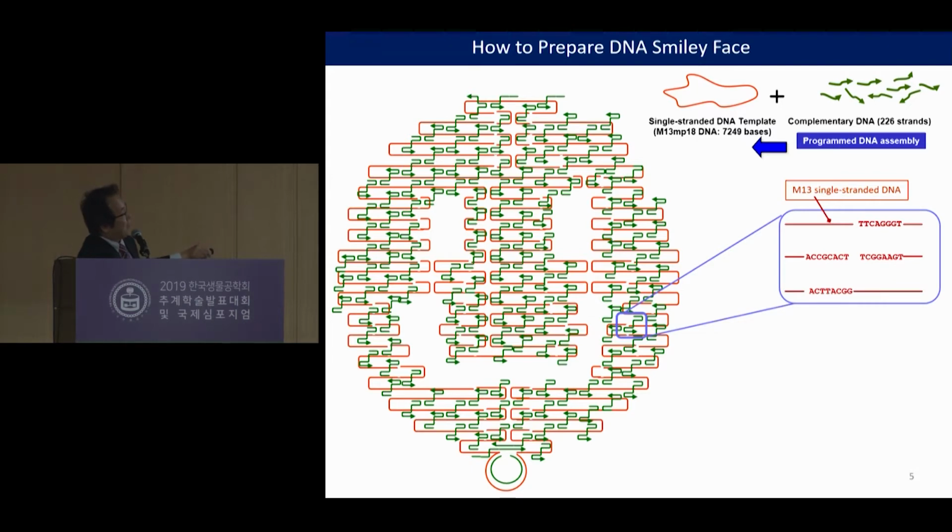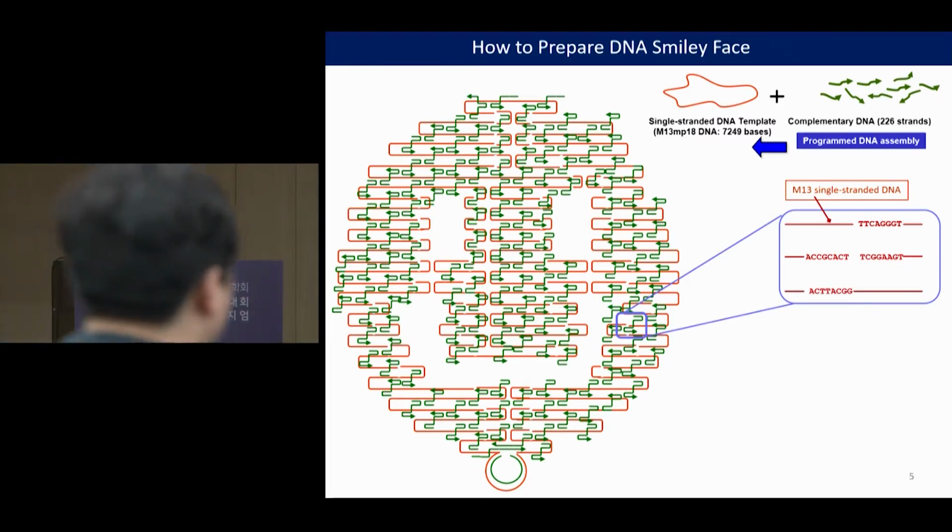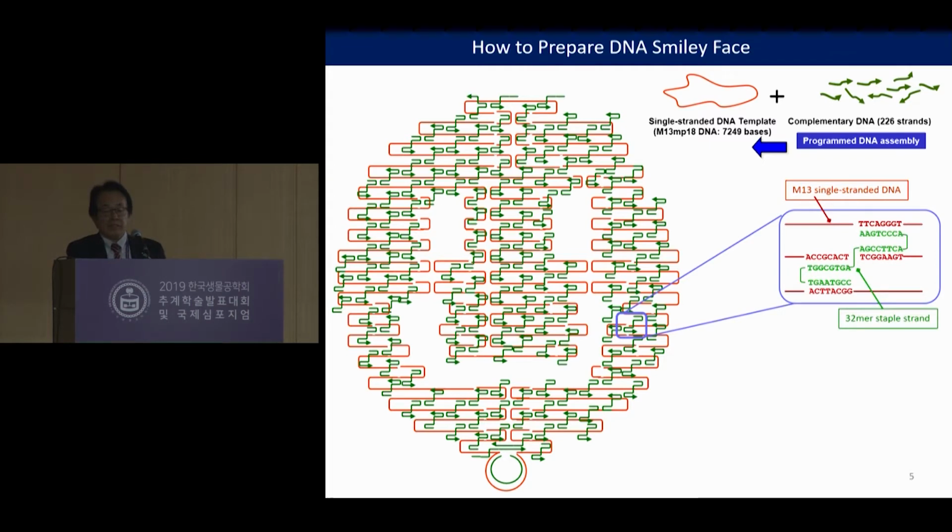We have M13 DNA here. In order to stabilize this, we place the staple like this by forming Watson-Crick base pairs. Eight base pairs stabilize this duplex, and another eight base pairs stabilize this region. Overall, 30 staples fix this part. Of course, other places have different sequences, overall 226 different staples to keep this structure.